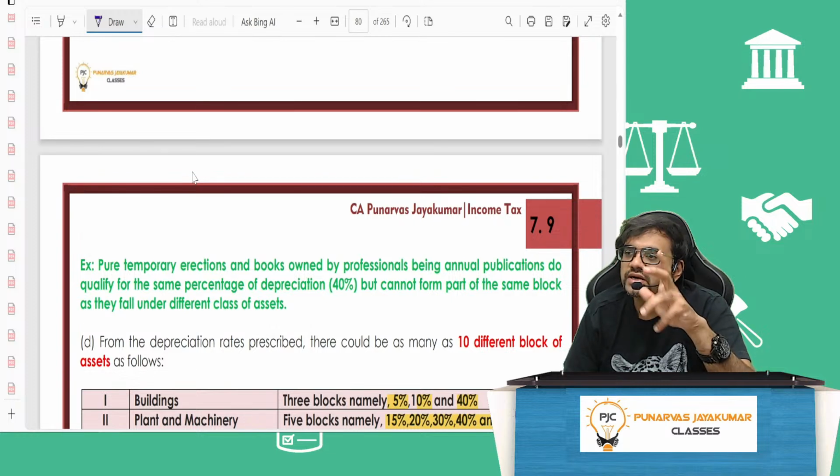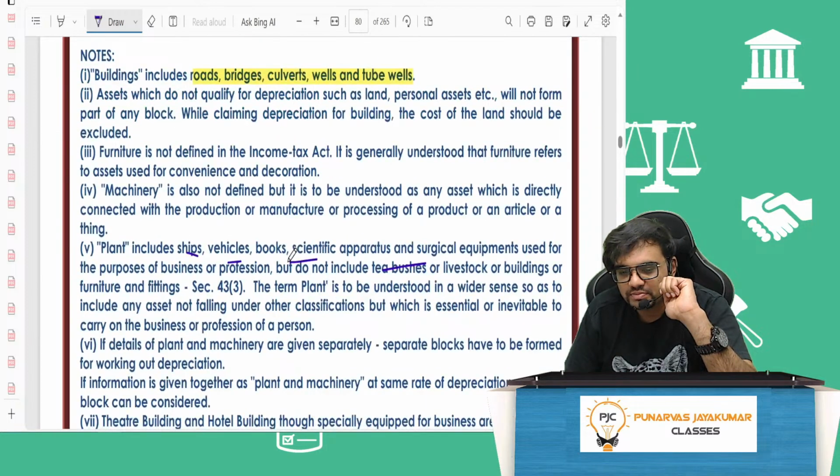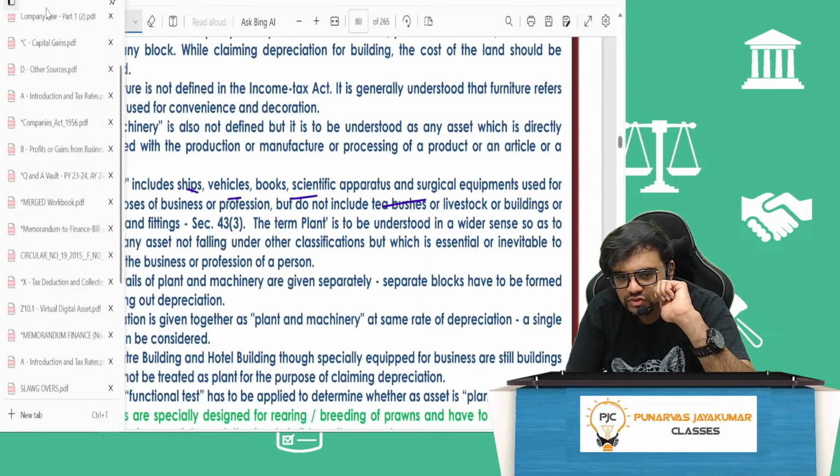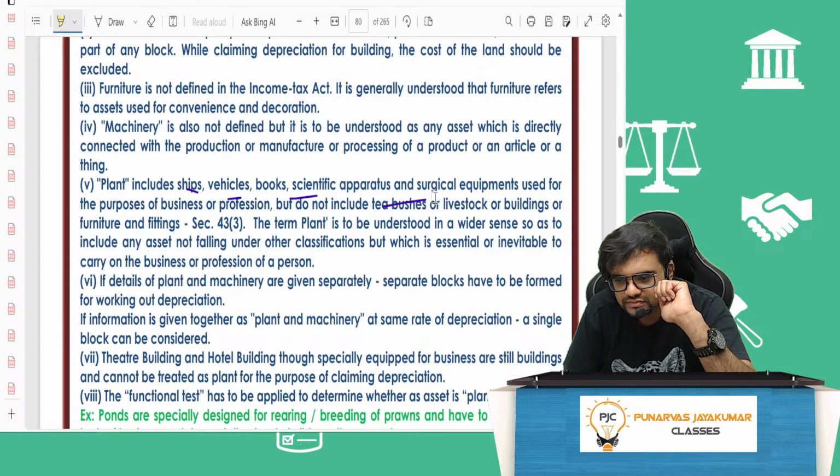Then what they did, amended the definition of plant. What did they say? Plant will exclude livestock. Do not include livestock. Today when an animal dies, what will I do? The cost of the animal minus whatever amount that I can make from the animal after it dies.